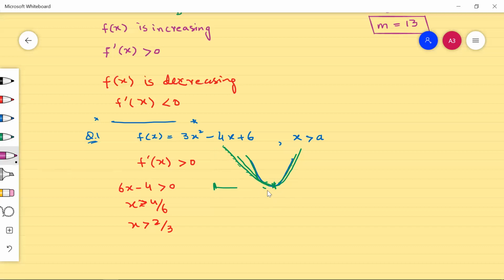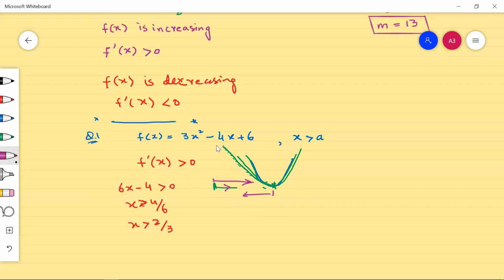But you may sometimes be confused: if we move from this point to this point, then the function looks like it is increasing, but this is not the right way. We always start motion from left to rightward. This is actually the opposite direction. Whenever you start a direction, it would be like this, from this point to this point.